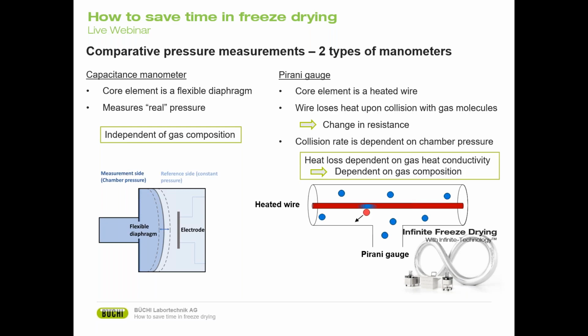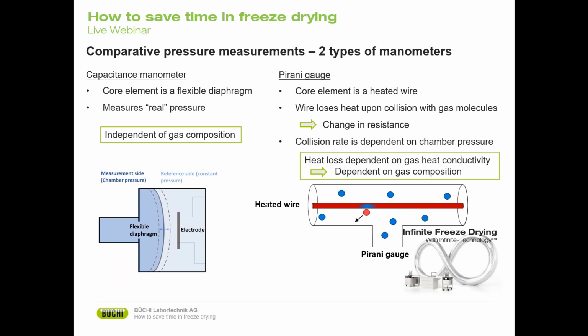Now, the other manometer is a Pirani gauge. A Pirani gauge, you can see here, is essentially a tube with a heated wire, and the wire is heated by a current flowing through it. The idea is that this wire loses energy to the surrounding area by collision of gas molecules, which results in a change in resistance, and ultimately in a change in the current flowing through it.